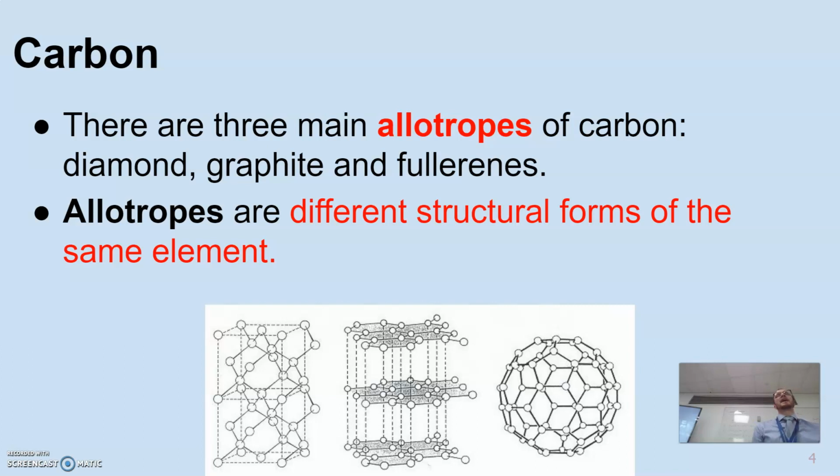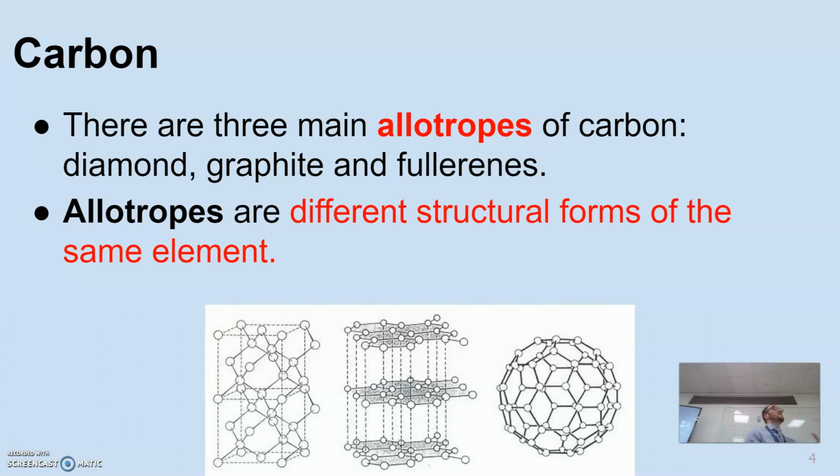So amorphous carbon is soot or charcoal. Right? It doesn't have a regular structure. The main structures we look at: diamond, graphite, graphene, and fullerene. So they're all allotropes. Allotropes of carbon. So it's all carbon atoms, but they are structurally different.